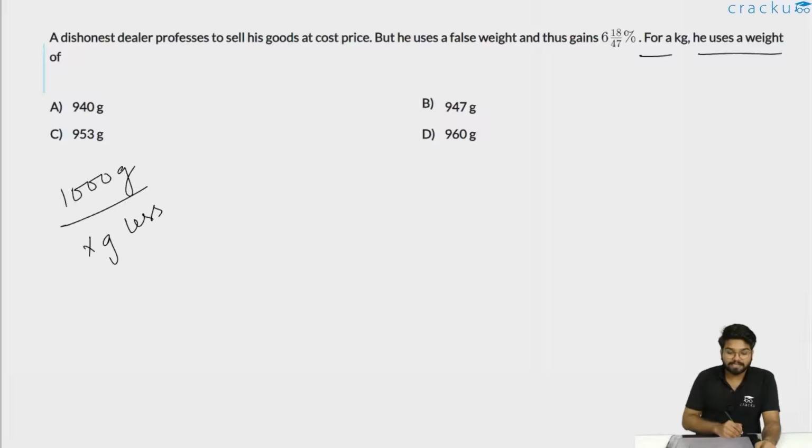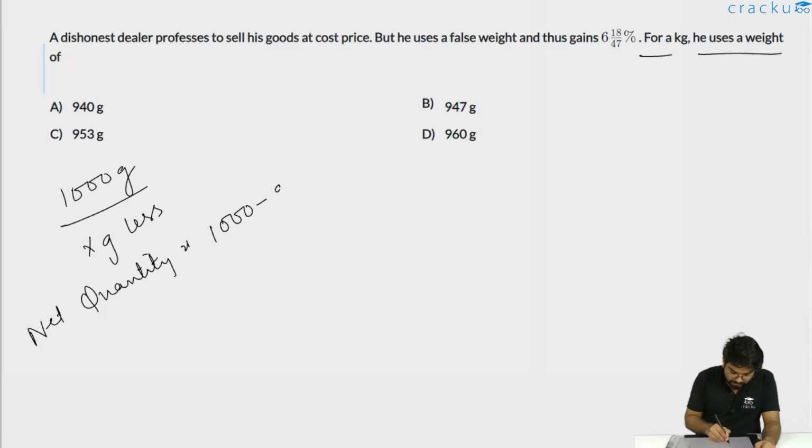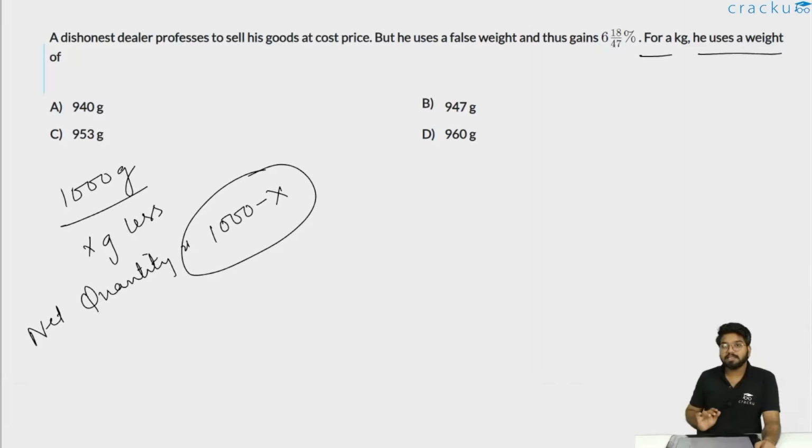So the net quantity he is selling is 1000 minus x. Now this is the net quantity the shopkeeper is selling. How much profit is he making? Now he is charging for 1000 gram, but he is giving only this much. In between he is making a profit of what?